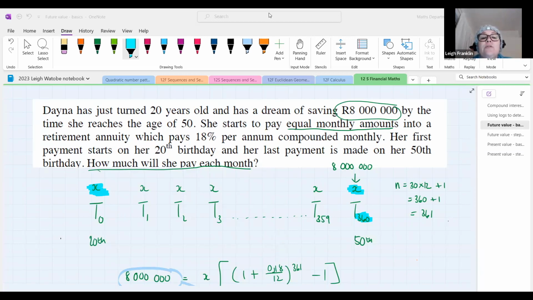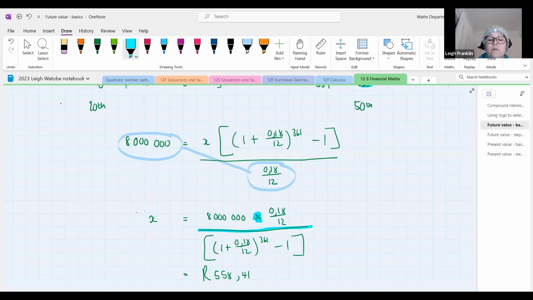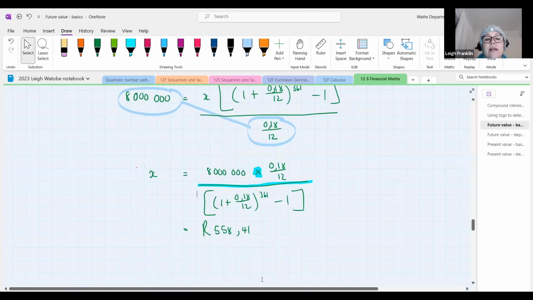Show the operations. So Kotwano, when you say operations, what do you mean exactly? You cross multiplying. So you're multiplying your 8 million with your I, and then you are dividing by your square bracket. So there's your times, and there's your divide, in order to get X on its own.